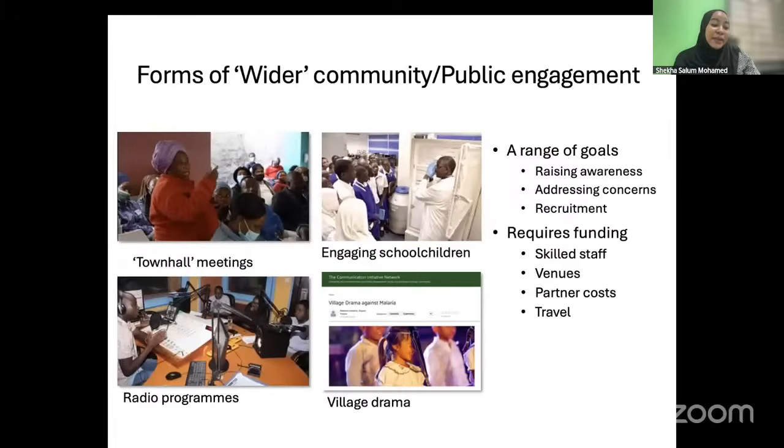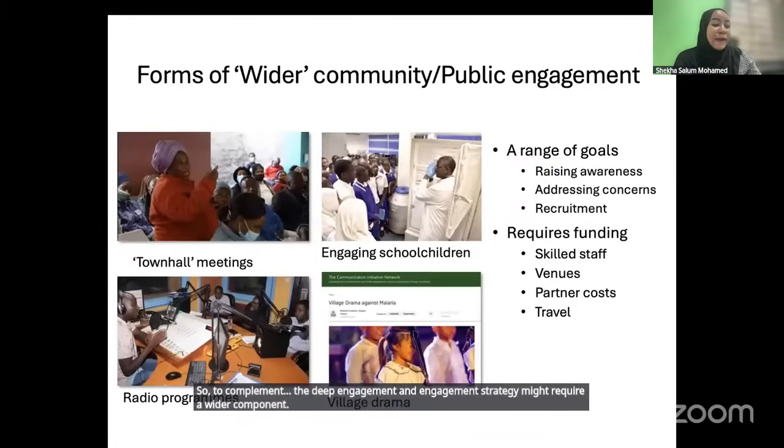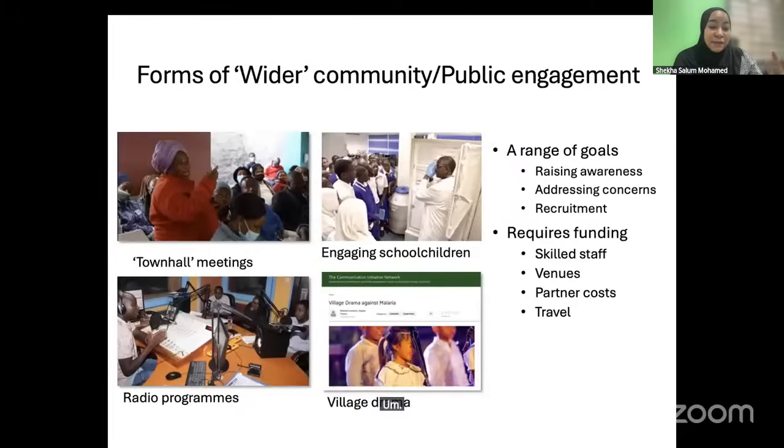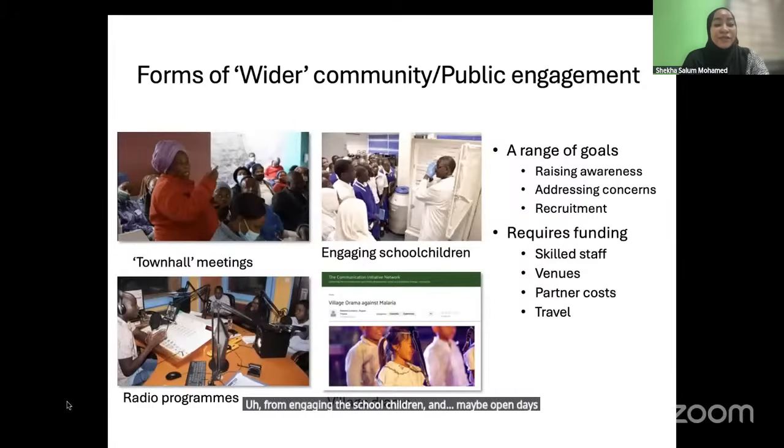To complement the deep engagement, an engagement strategy might require a wider component. There's no limit on how this has been done in the past, but activities range from town hall meetings, to engaging school children, open days, laboratory visits for school children, and radio programs.